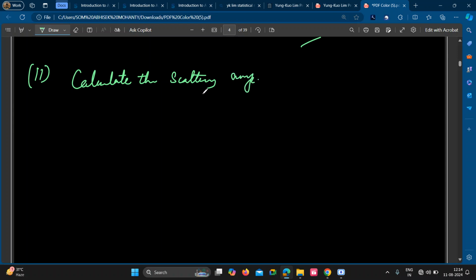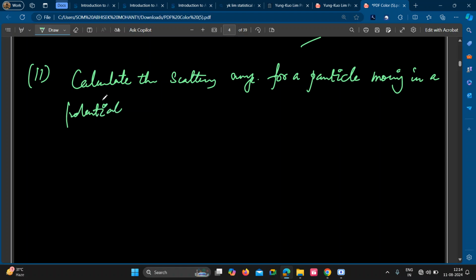Scattering amplitude for a particle moving in a potential V(r) is equal to V naught e to the power minus r by r naught. This is the expression.